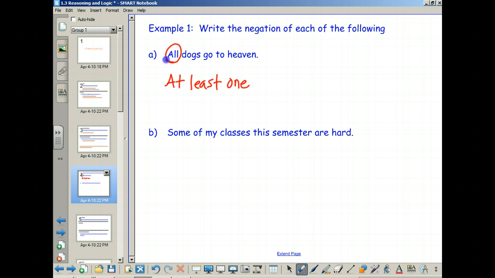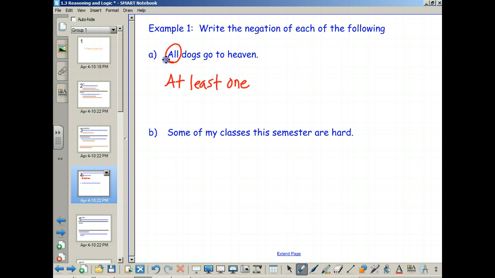So what would I need to have happen to negate the statement, all dogs go to heaven? Well, I would need at least one dog to not go to heaven. And the opposite in this quantifying sentence is not go to hell. Don't go inferring things that are not there. You change what's there verbatim.